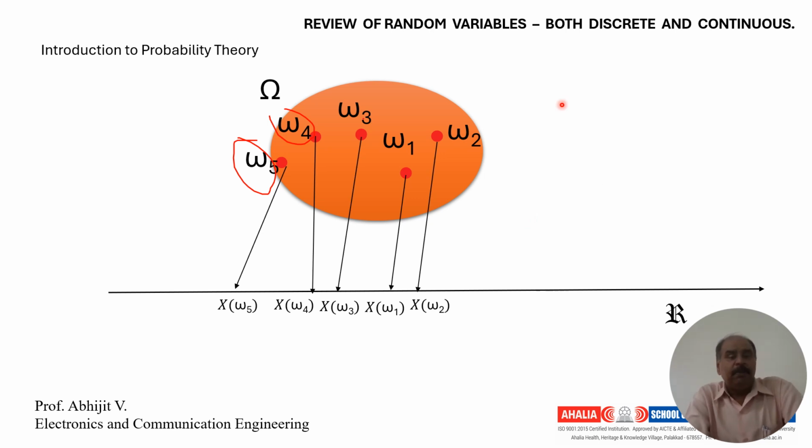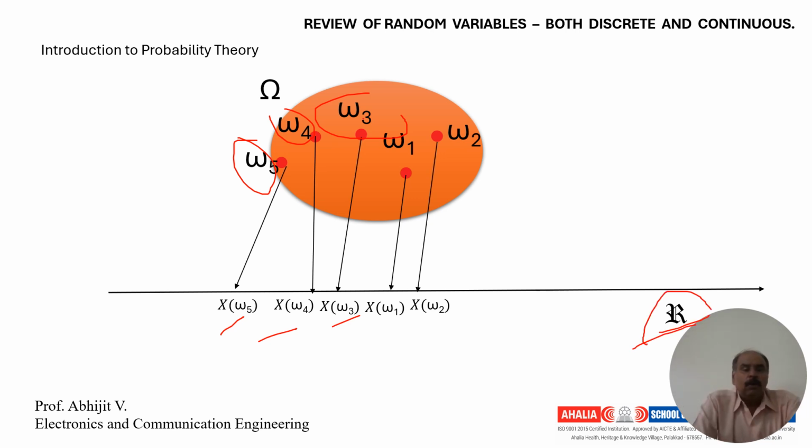So this is what we mean by a random variable. This omega 3, omega 1, omega 2 are all points in the sample space, and this X of omega 3, X of omega 2, X of omega 4 are all the random variables that are mapping each and every point in the sample space to the real number R here. You can see that.